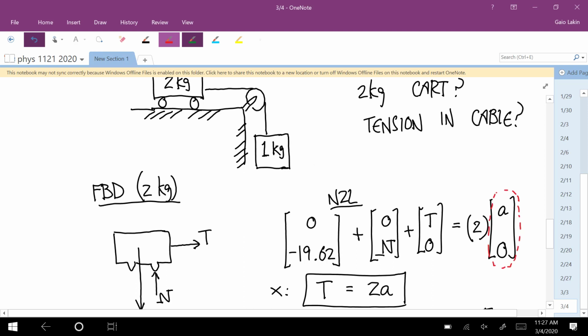This is it. That's the acceleration of the 2 kilogram. We just didn't know yet what the value of A was. Okay? You follow that thought process? We already said there's the acceleration vector once we figure out what A is. So now we know what A is, plug it in, and that says that the 2 kilogram cart is accelerating.